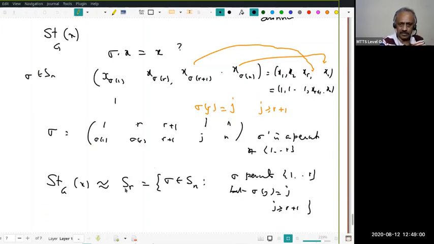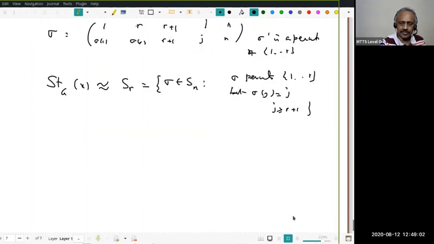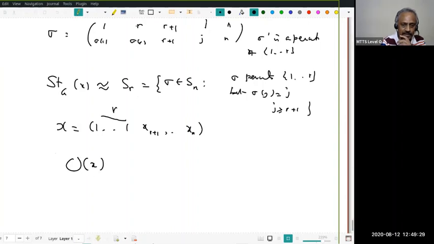That's why I call it Sr. Now, what is the advantage of this? If x is of the special type, and the remaining elements are all distinct, then we found the stabilizer subgroup of x is isomorphic to Sr.